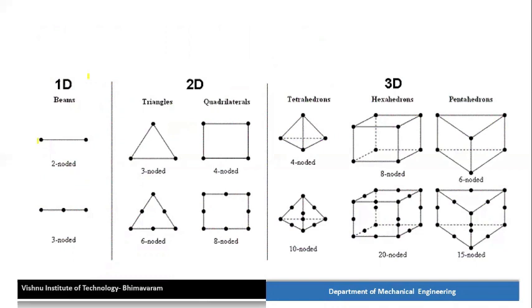In 2-dimensional case, that is triangular element, quadrilateral element like 3-noded and 4-noded. If you go for higher order, 6-noded and 8-noded. What is higher order? What is lower order? We will learn in the next classes. At the same time, in 3-dimensional case also, tetrahedron, hexahedron, pentahedron elements like 4-noded, 8-noded, and 6-noded elements are there. We have to use these elements and develop the relation or find out the interpolation function for this element.